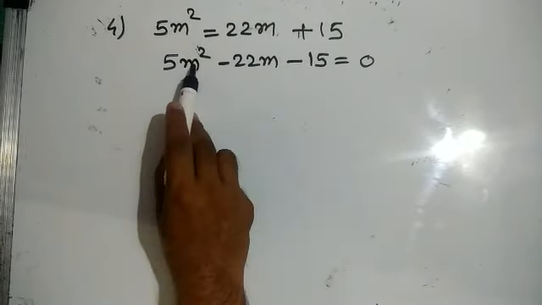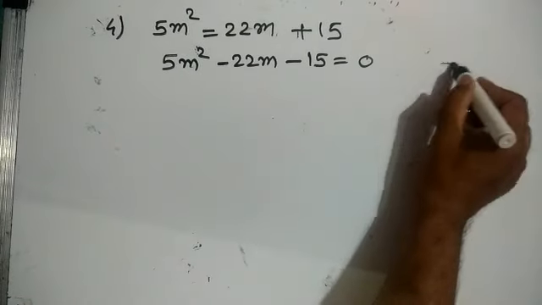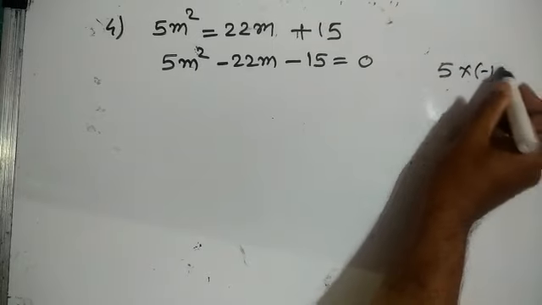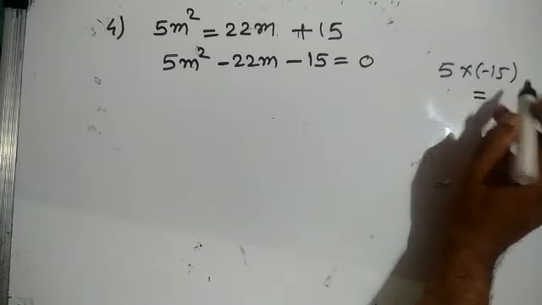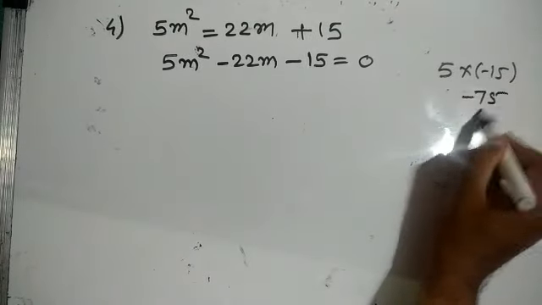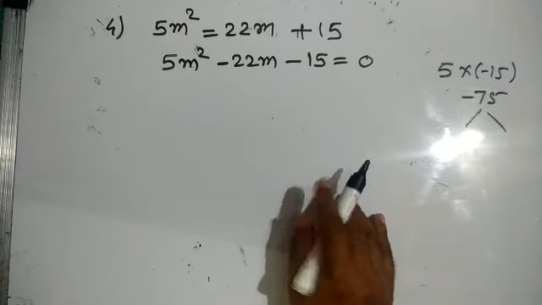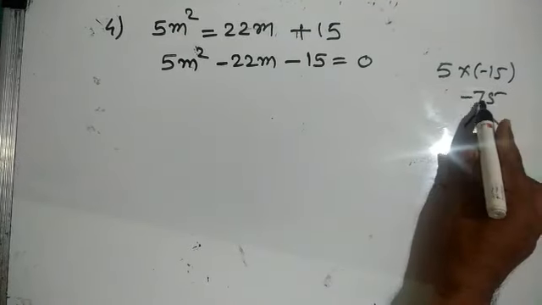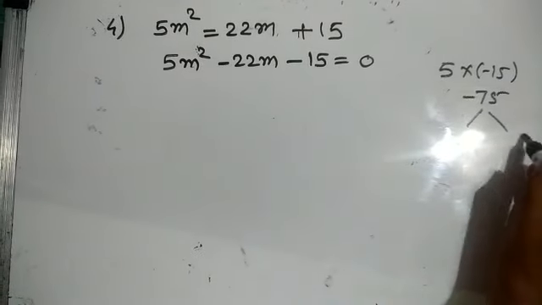Again, the coefficient of m square is 5, and minus 15 is a constant term. Multiply these two and we get minus 75. Then find out two such numbers. Their product is minus 75 and the coefficient of the middle term is minus 22.